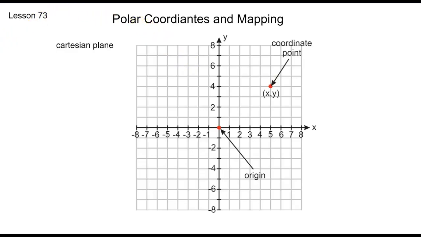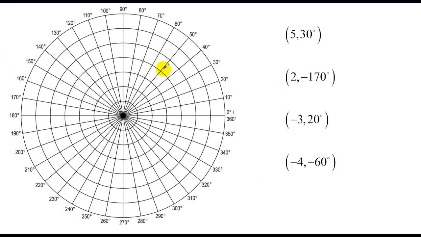Now, a polar grid looks something like this, where we have a center and concentric circles all of different radii length in unit 1. So this is 1 unit away, 2, 3, 4, 5, 6, 7 radius lengths away.